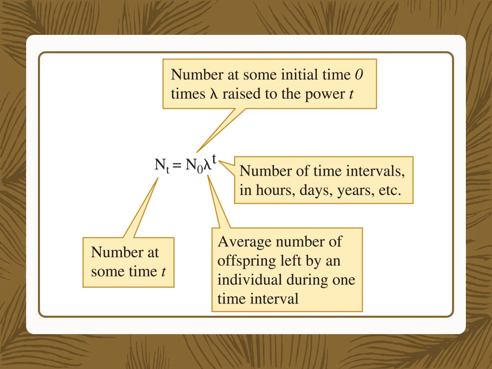So we have the number at a given time equals the number at an initial time times lambda raised to the power of t, where t is your time intervals, and that varies with different types of species. And remember, the geometric rate of increase was the average number of offspring left by an individual during one time interval.